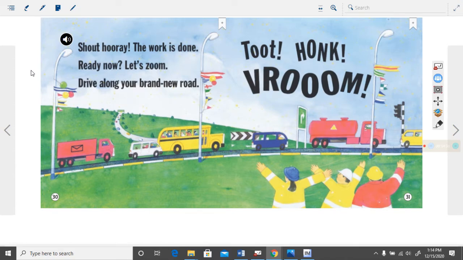So the workers have finished building the road. What happens next? People drive on the new road, don't they? Yes, they do. So first they have to move the dirt. Then they have to pack it down nice and firm. Then they have to put rocks on it.